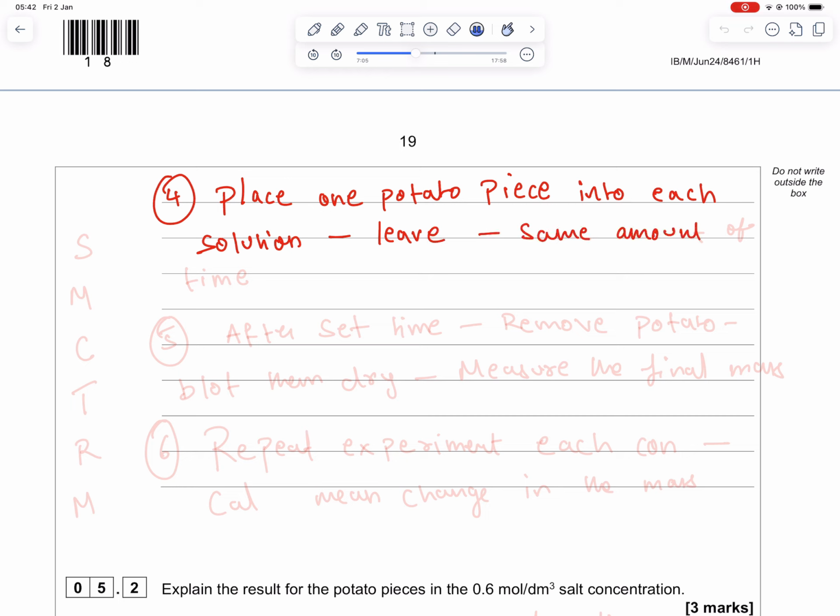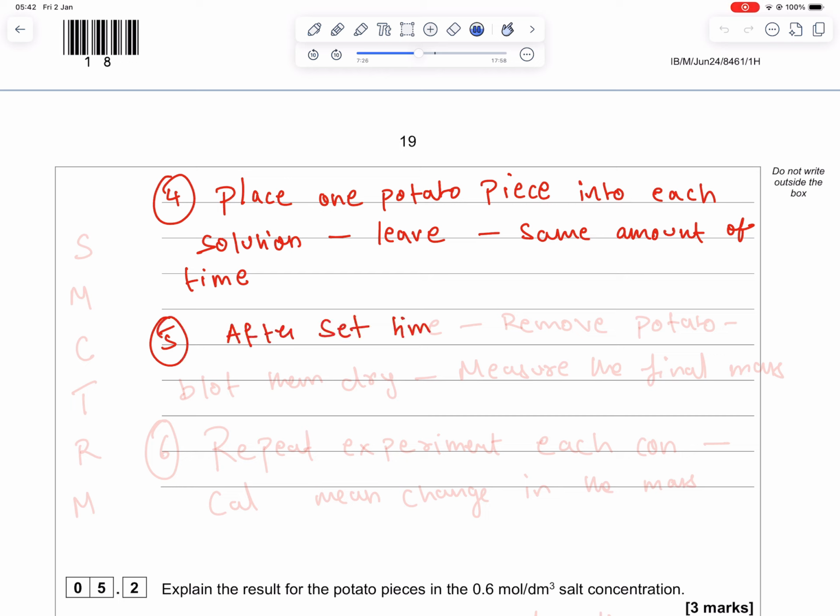That is also important. The mass is the same, the diameter of the potato is the same, and the volume of the salt solution is the same, but with varying strengths of concentration, and that is for the same amount of time. And after that set time, you're going to remove those potato pieces.